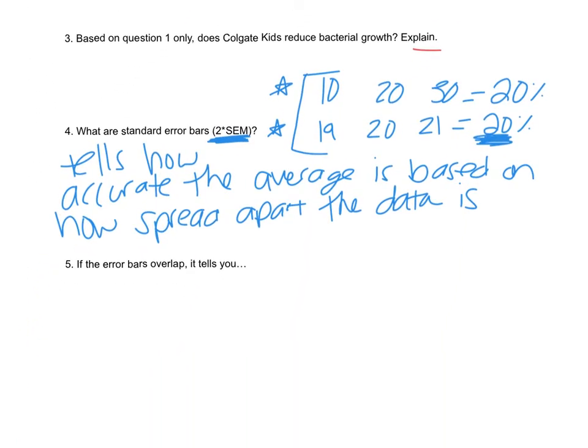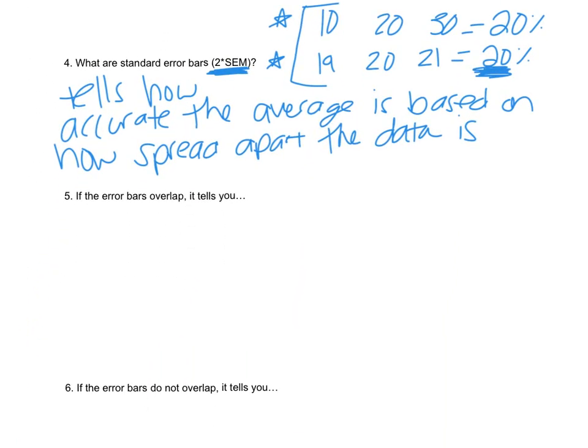Continuing on, question number 5 is asking me about whether the error bars overlap. When I'm comparing two data sets, if I see that they overlap, that tells me that since the averages maybe aren't that reliable, there really is no statistical difference in the data.